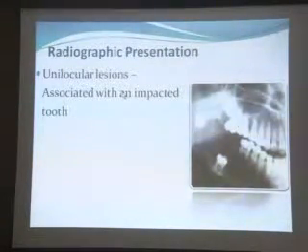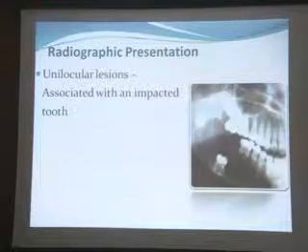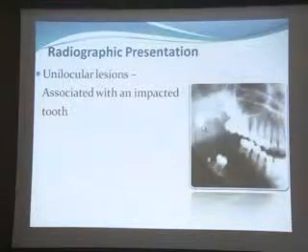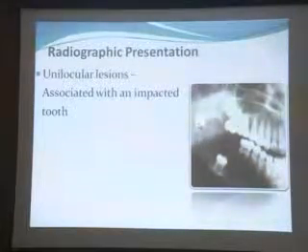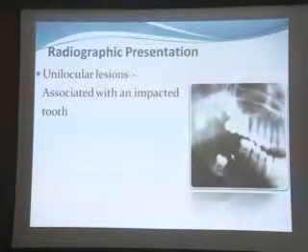When unilocular lesions are associated with an impacted tooth, here you can very well appreciate that this is a deciduous tooth and this first molar, because of this radiolucency, has shifted to the lower border of the mandible, and this developing second molar has shifted towards the ramus region. So what will be your radiographic differential diagnosis in this case?